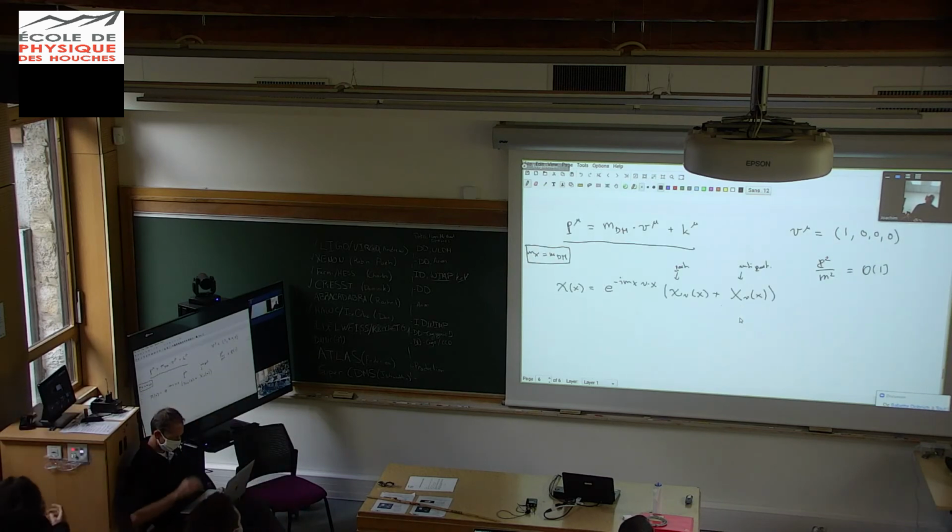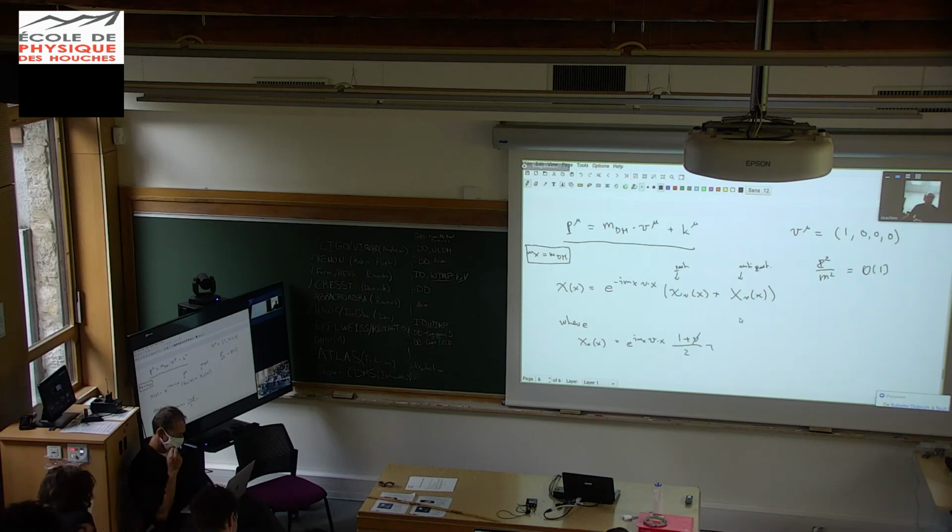And what is this split? I should be more explicit. So chi v of x, the small one, is e to the i m chi v dot x times 1 plus v slash over 2 times the original field, chi of x.